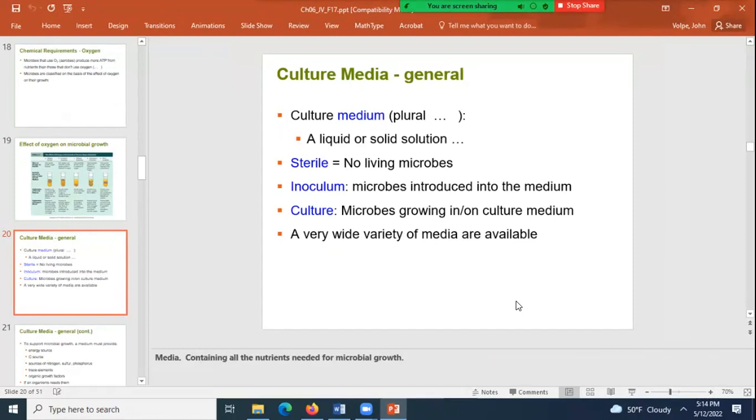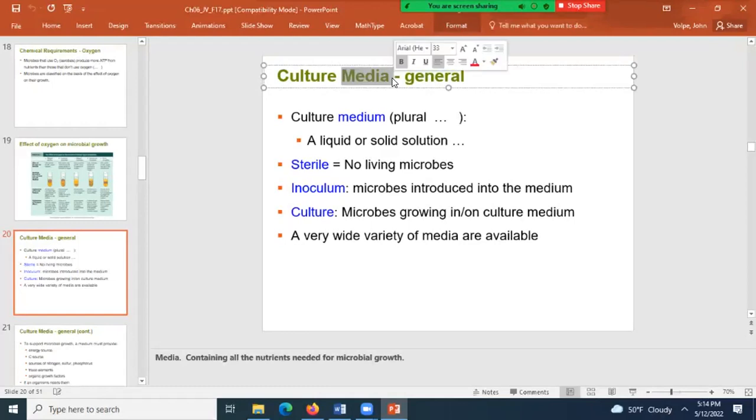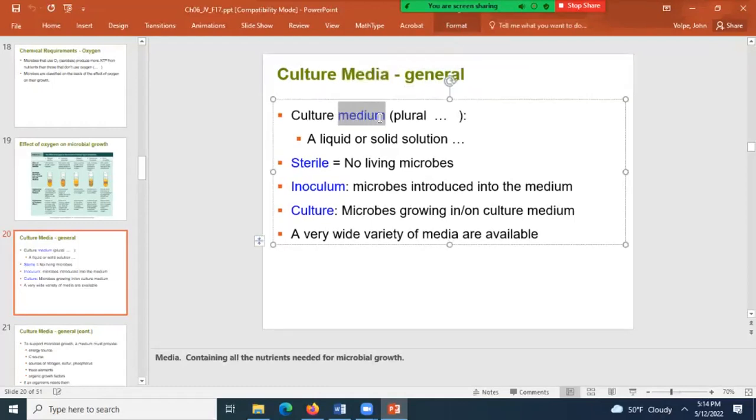We've already talked about general purpose media, and let me state that media is plural. If you're talking about one, then you use the word medium. Plural is media. Media are either liquid, we call those broths, or they're solid.